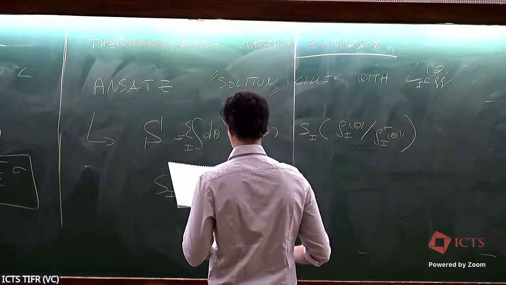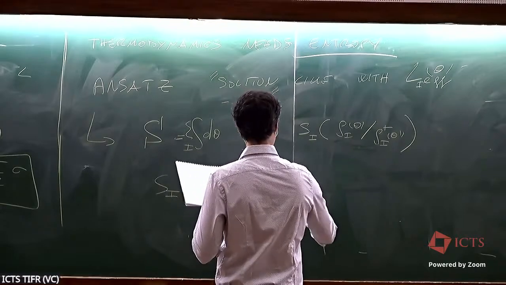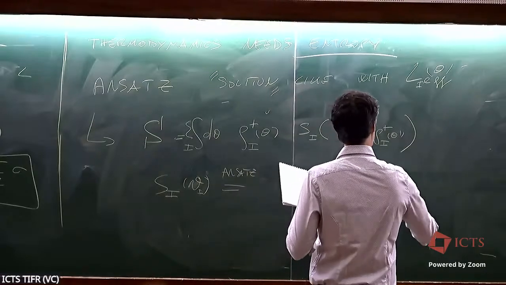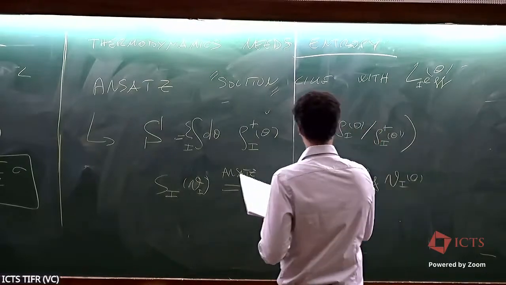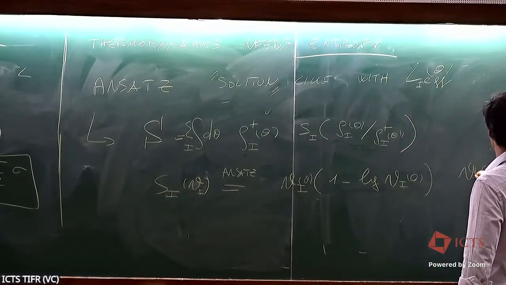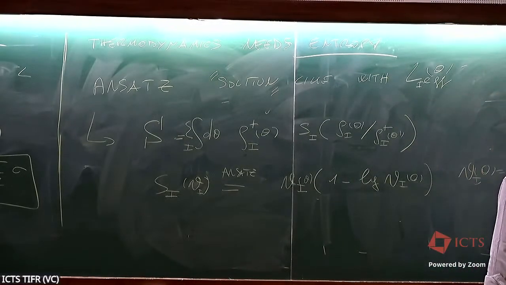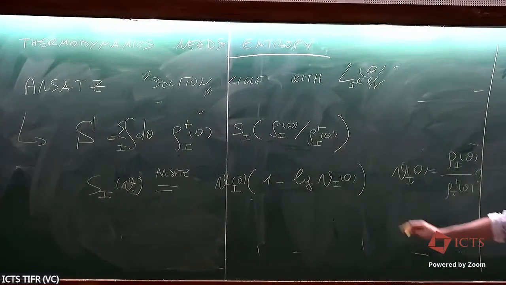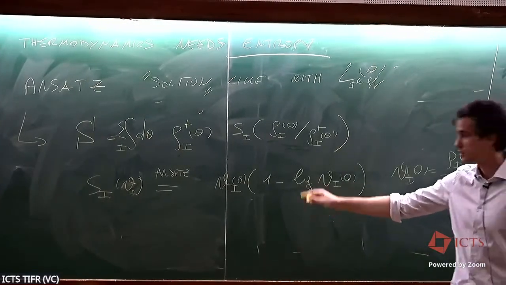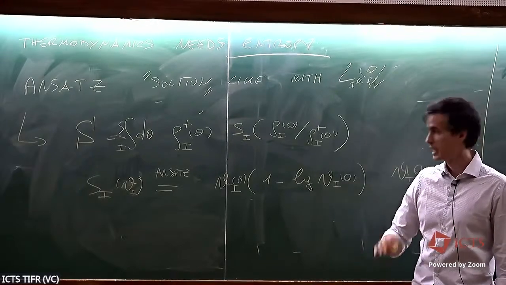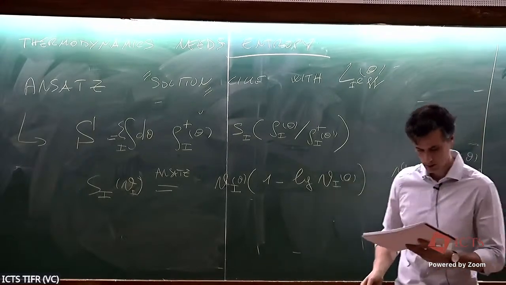That means, if I remember correctly, my notes are correct, you assume it to be of this form, where I just define the relative occupancy of the mode as the ratio between the density and the total density of modes that I defined before, okay? This is for solitons. Radiation, the same thing, but with the radiative entropy that we had written before. And this is an ansatz, okay?